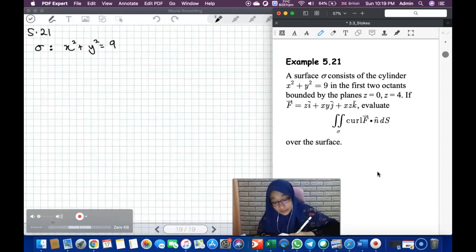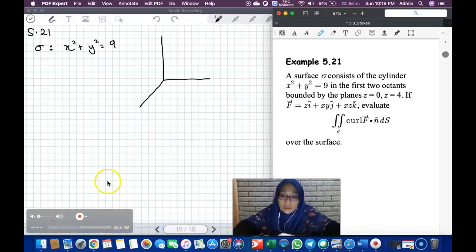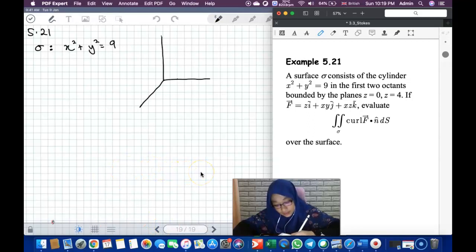First two octants, meaning that... Now we draw it. The first two octants is basically, so we draw a complete cylinder with a circle of radius 3.